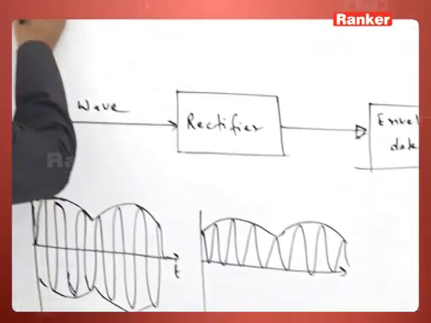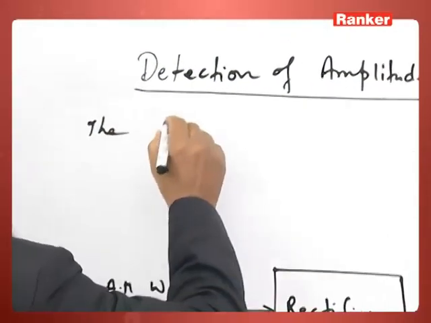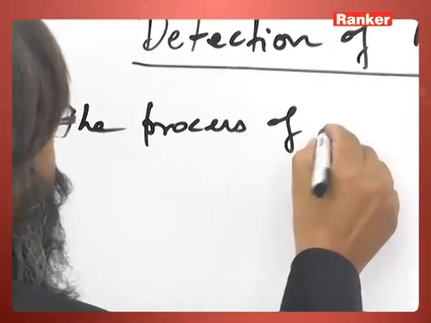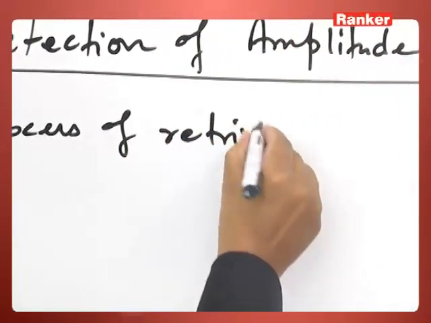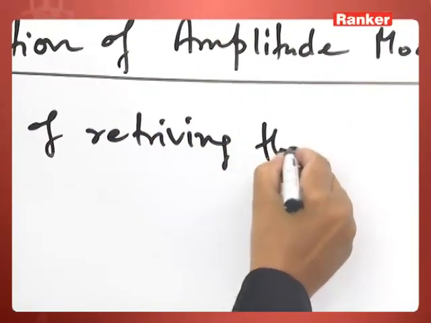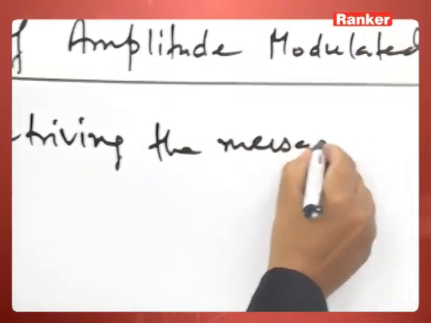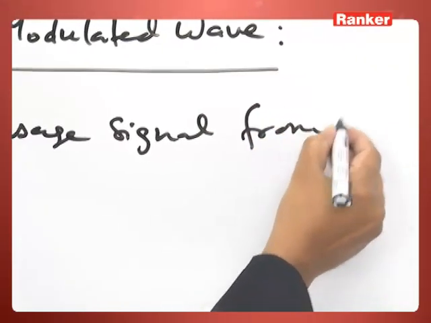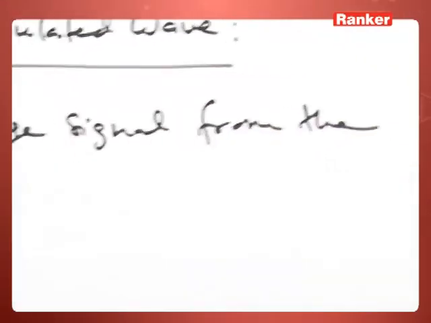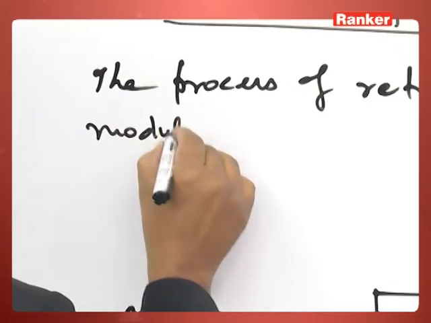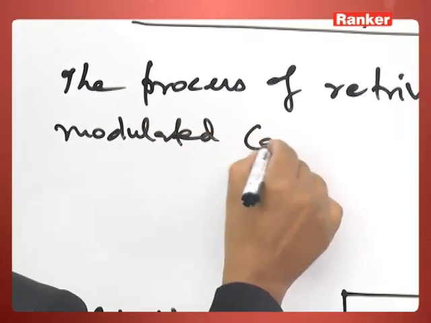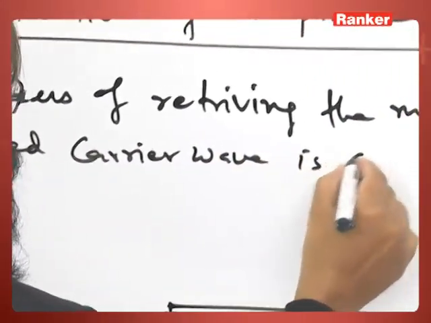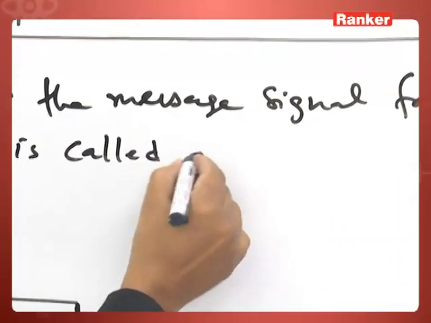The process of retrieving the message signal from the modulated carrier wave is called demodulation.